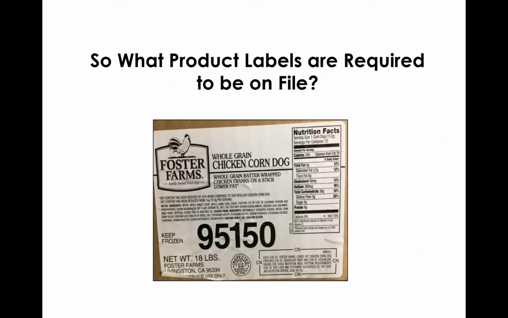The item is child nutrition labeled, as you can see in the lower left hand corner, by the box that has the CN in the four corners. It tells me the ingredients of the product, the item number, and the weight of the case. So in my world, this would be an ideal label.